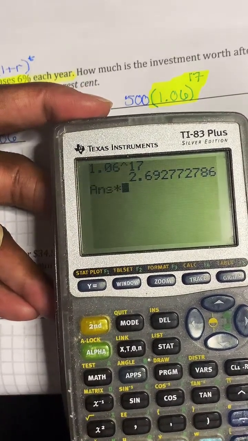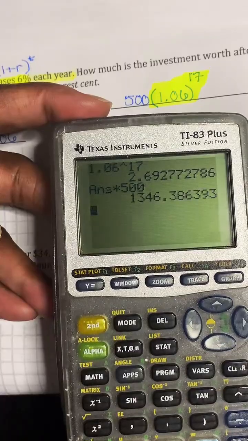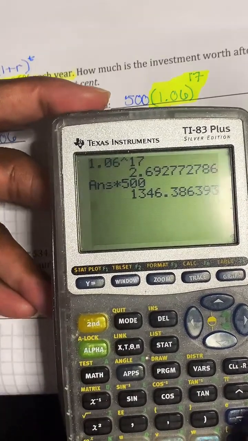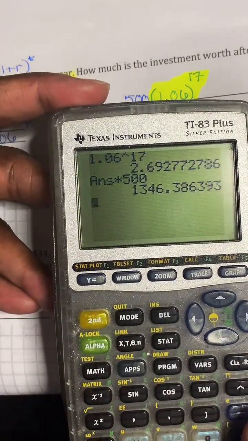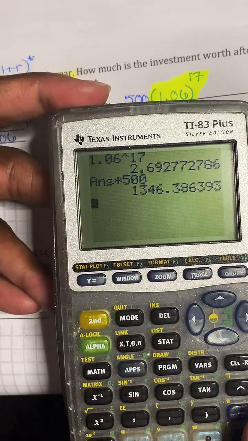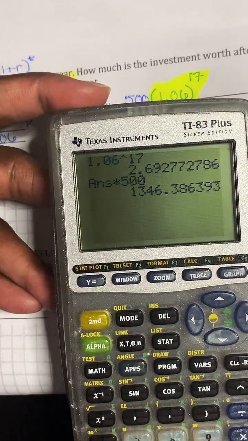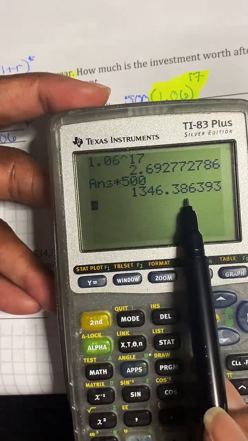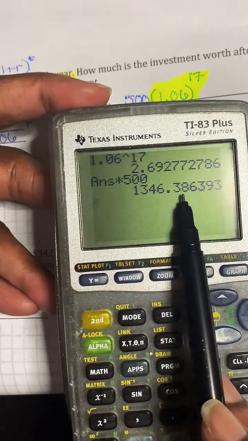And then we multiply this by 500. Good. So this is that total amount, $1,346. Now, they want us to round to the nearest cent.